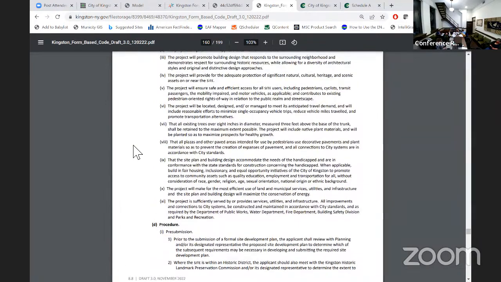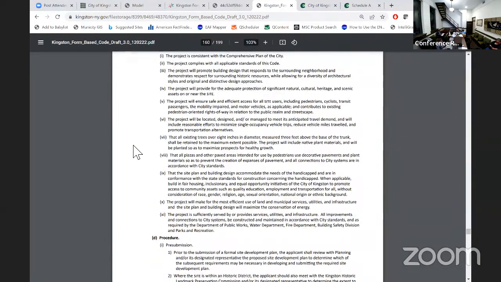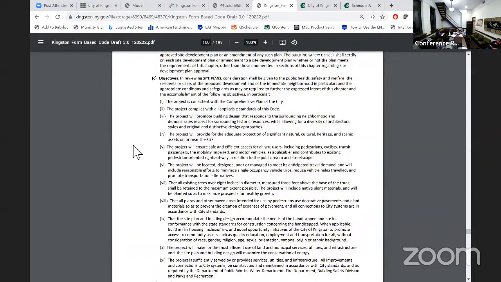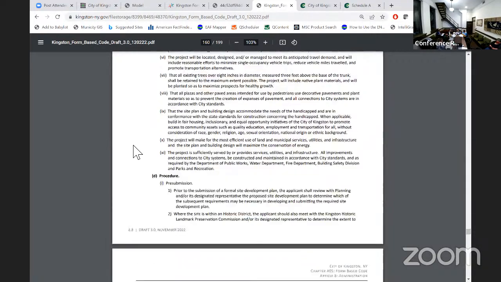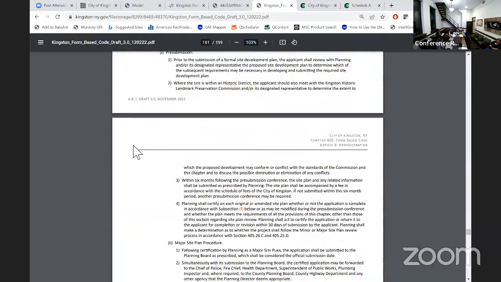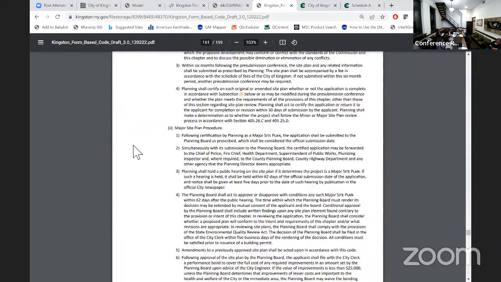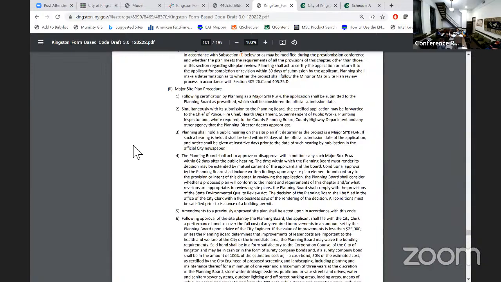I had some typos identified that I won't get involved with here. On 8.9, major site plan procedure, paragraph 4, it says the planning board shall act to approve or disapprove with conditions. Shouldn't that read approve with conditions, or disapprove? Yeah, you don't want to disapprove it and then give it back.